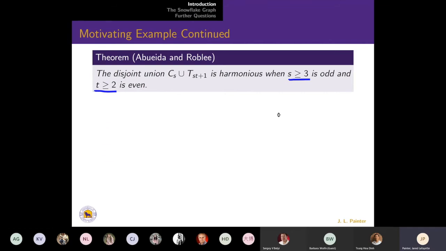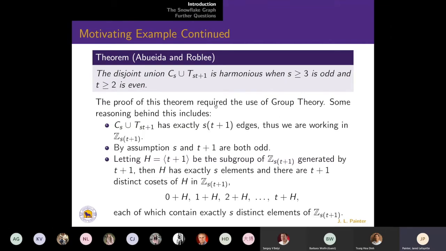I'll give you an example in a minute. I'm going to show you why I was interested in this particular problem, because they proved this result using a little bit of group theory, dealing with properties of cosets within Z mod whatever we're working in here.